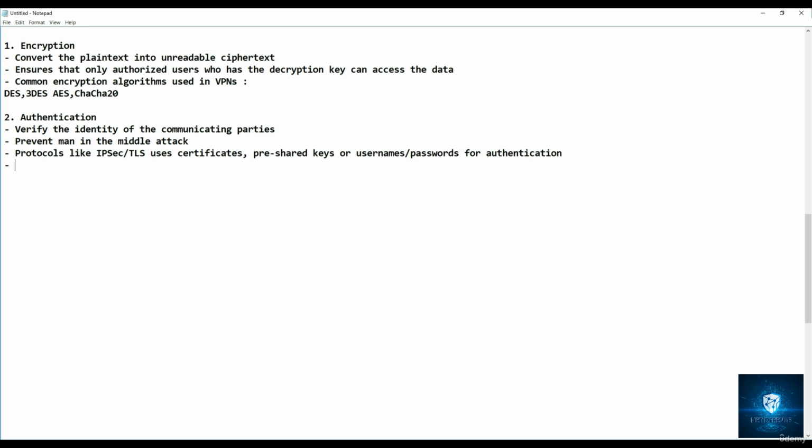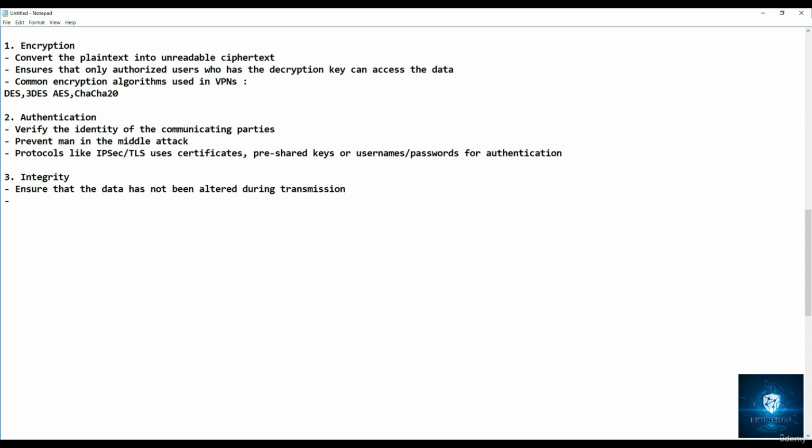Likewise, the third step in cryptography in the process of setting up VPN is integrity. The word integrity is very important to ensure that data is not altered or modified during its transmission over a VPN session. So it ensures that the data has not been altered during transmission.